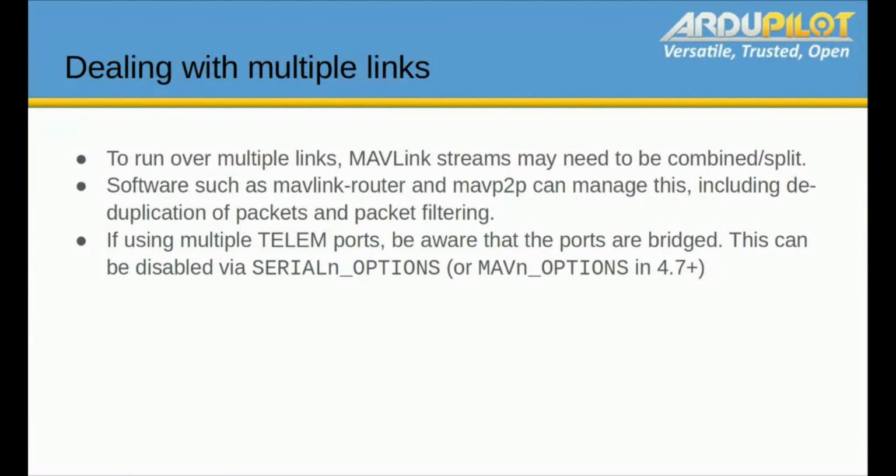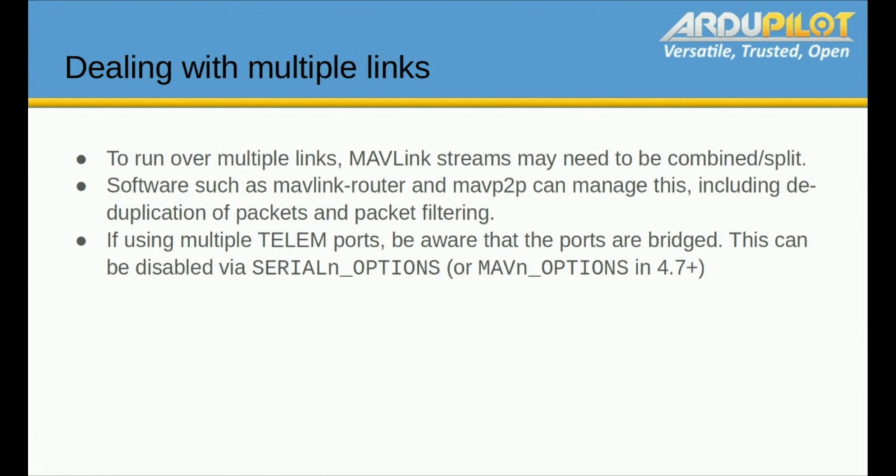There are some software like MAVLink Router or MavP2P that will do this automatically, but something to be aware of is when you have MAVLink packets coming in, to make sure you deduplicate them. You don't want to have a MAVLink packet come in on one link and then maybe 2 seconds later the same packet come in on your other link, because that will really mess up your GCS.